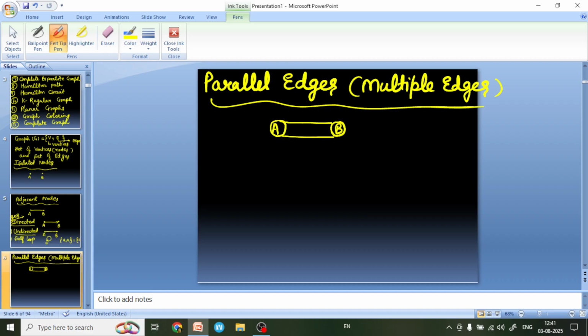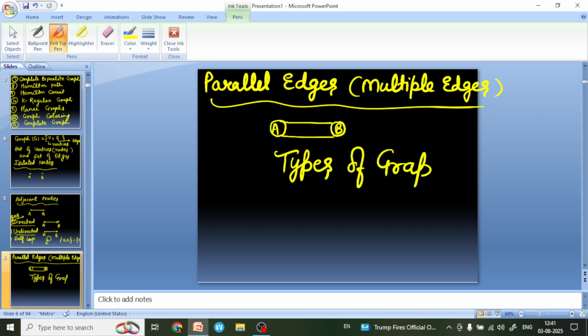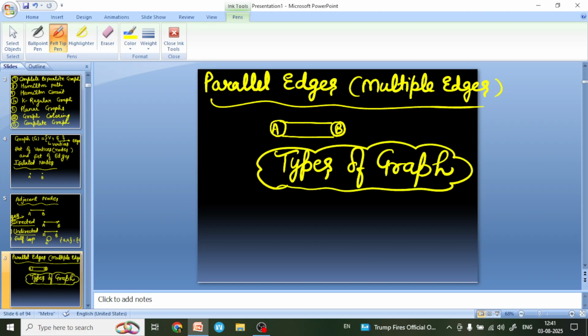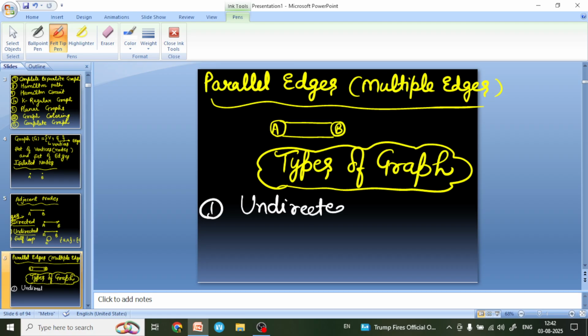Now I am going to discuss types of graph. First is undirected graph.